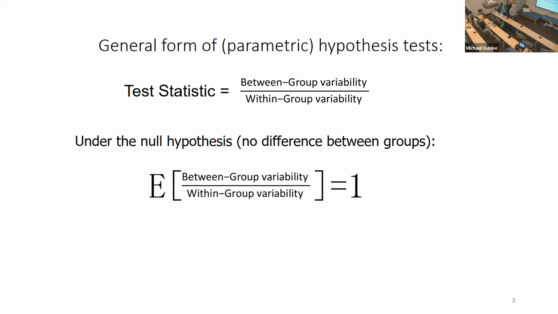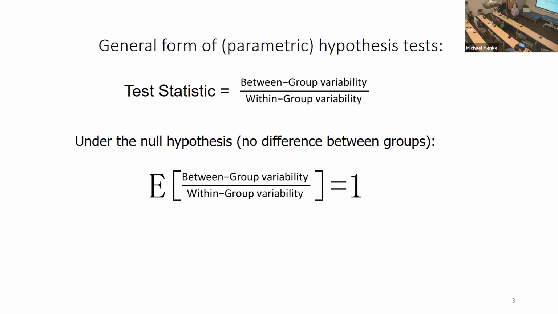So under the null hypothesis, that typically means no difference between groups. That's what we anticipate. That's the baseline condition. The expectation, that's what the big E stands for, over the long run, the expectation of that ratio is equal to 1.